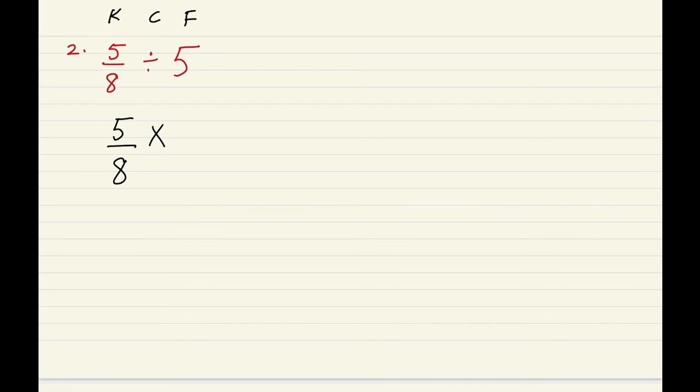Please note that, like I said before, 5 can also be written as 5 over 1. So if we flip 5 over 1, it becomes 1 over 5. So that's why I have this here.